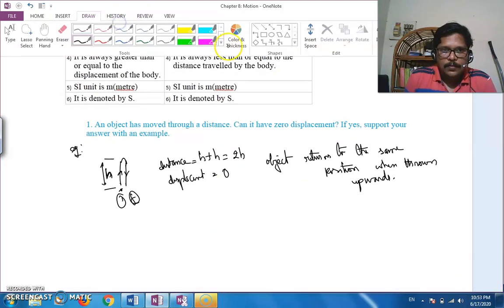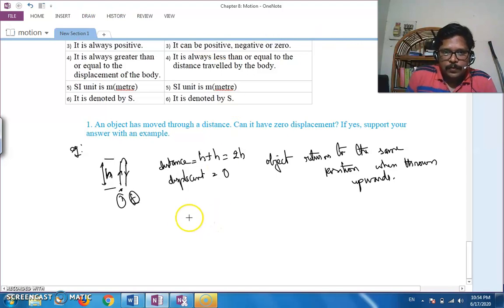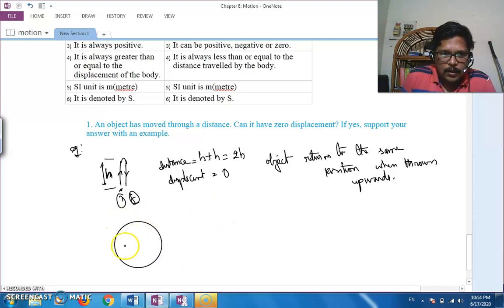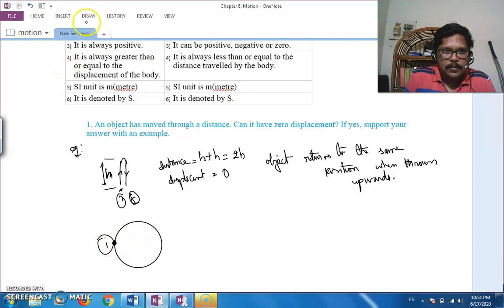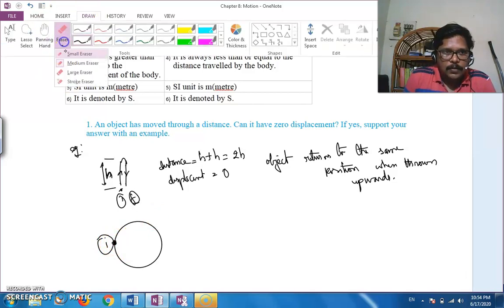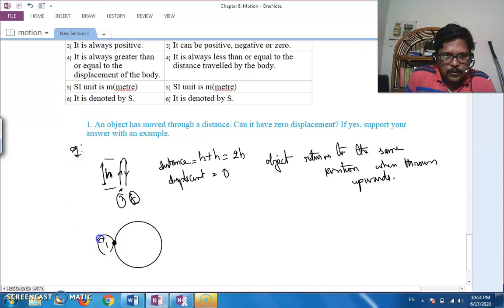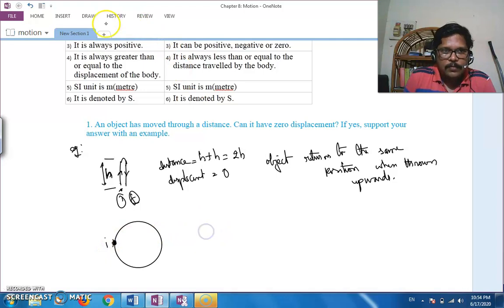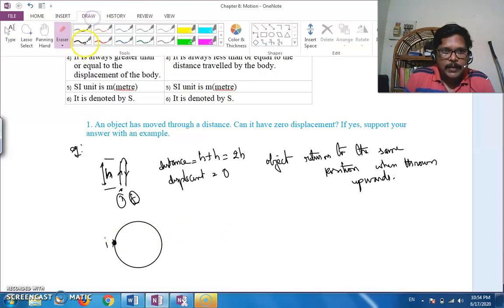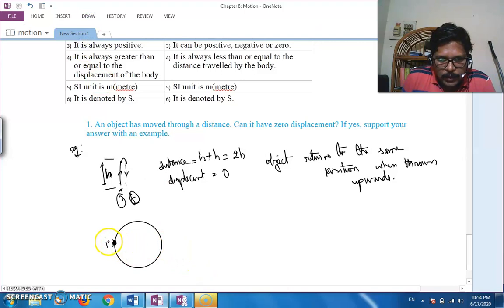One more example I'm going to give for displacement. Let me draw one circular path. In this circle, let me consider this one as the initial position I. The man started running from this position and has completed one round. After completing one round, his final position will be the same.